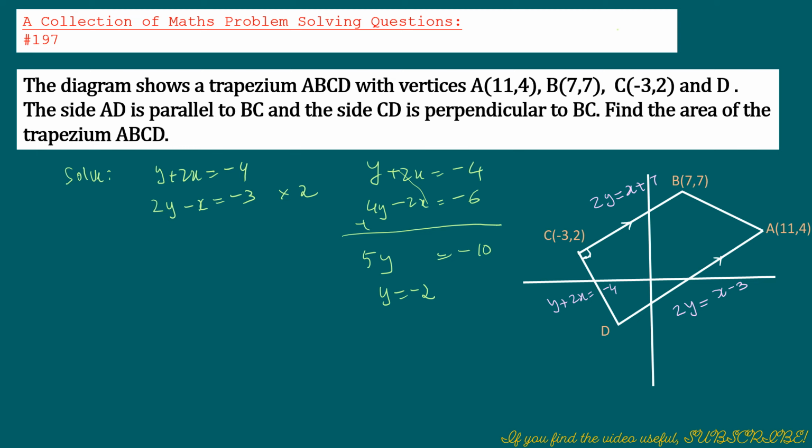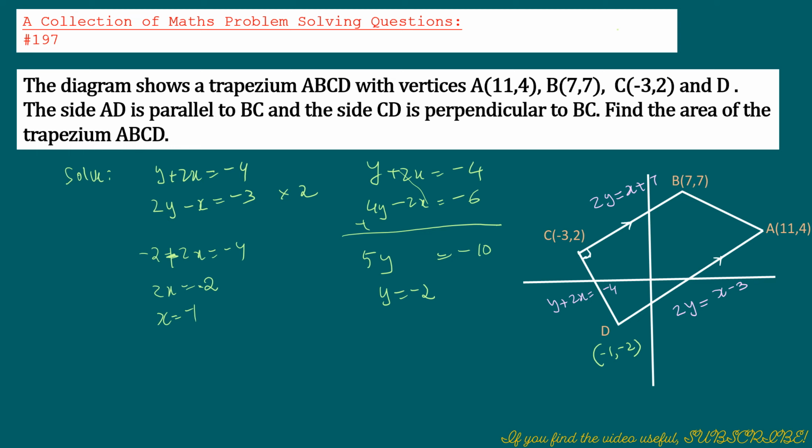For the x coordinate, minus 2 plus 2x equals minus 4, so 2x equals minus 2, x equals minus 1. So the coordinates of D are (minus 1, minus 2).